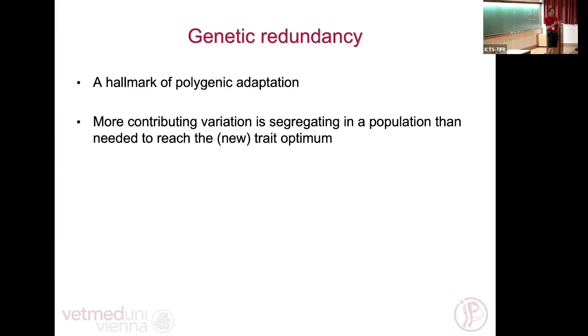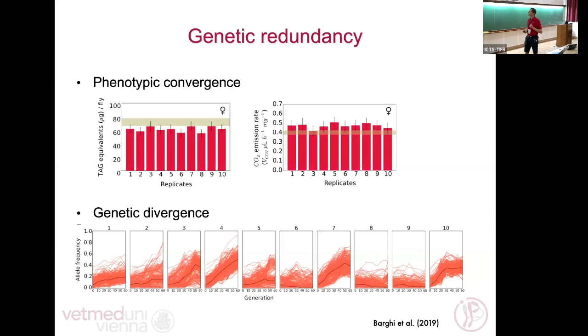So this is redundancy: loci that have variation that could contribute to adaptation of this trait. The important thing is that we have more of this variation than we basically need to achieve a shift in trait optimum. So there is a surplus of variation available, and we don't need it all to get to a new trait optimum.